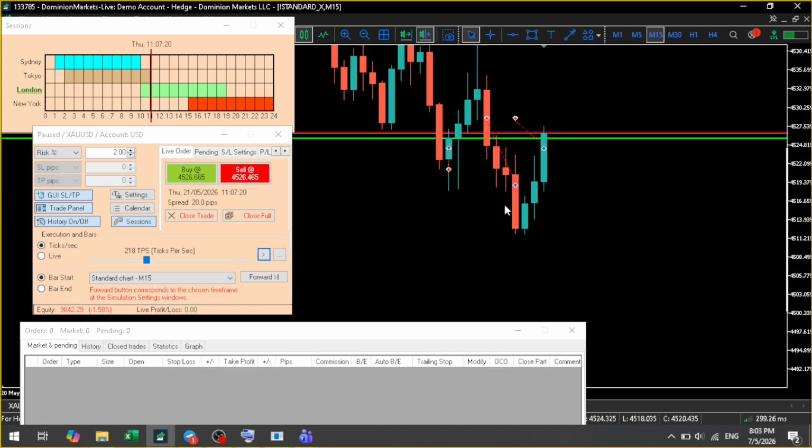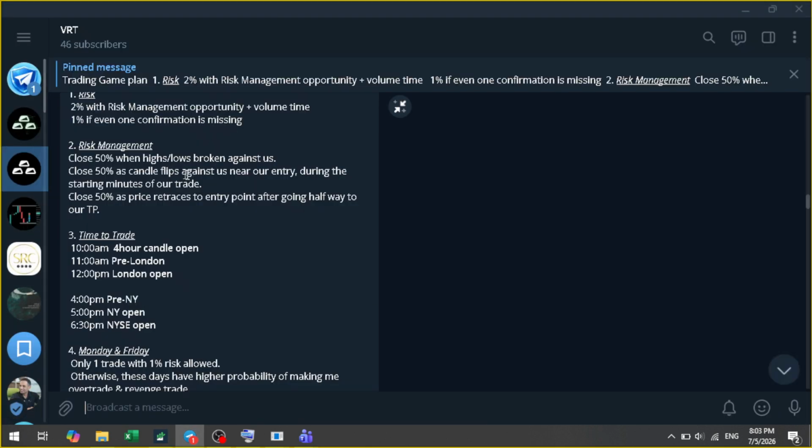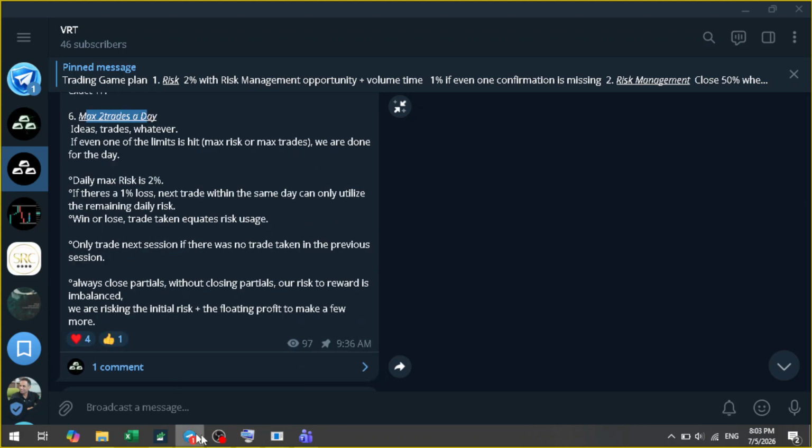So that is it for today. We broke our rule of maximum risk, but the thing is that we only used 2 trades, so this rule is preserved. That says max 2 trades a day. That is it.